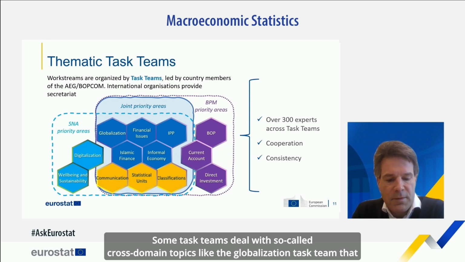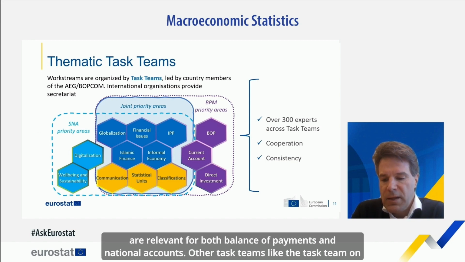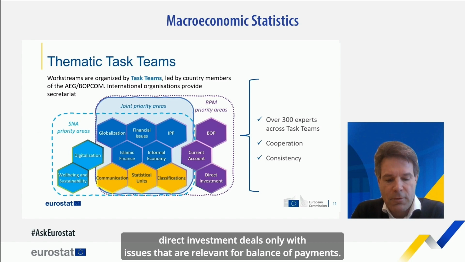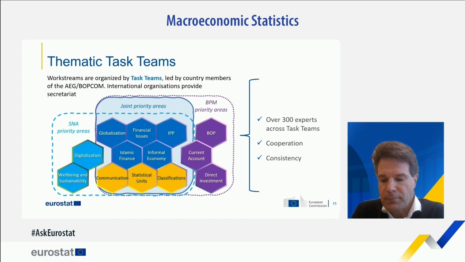Some task teams deal with so-called cross-domain topics, like the globalization task team, that are relevant for both balance of payments and national accounts. Other task teams, like the task team on direct investment, deal only with issues that are relevant for balance of payments.